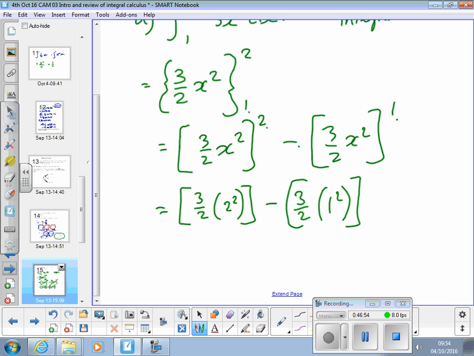So this bit is when x equals 2, and this bit is when x equals 1. We can then plug those into the calculator. The value of this bit, effectively 1.5 times 4, I make that 6, yeah?